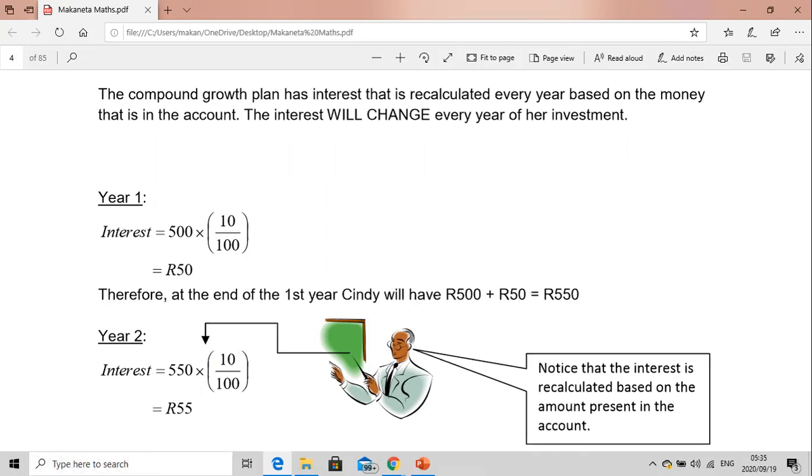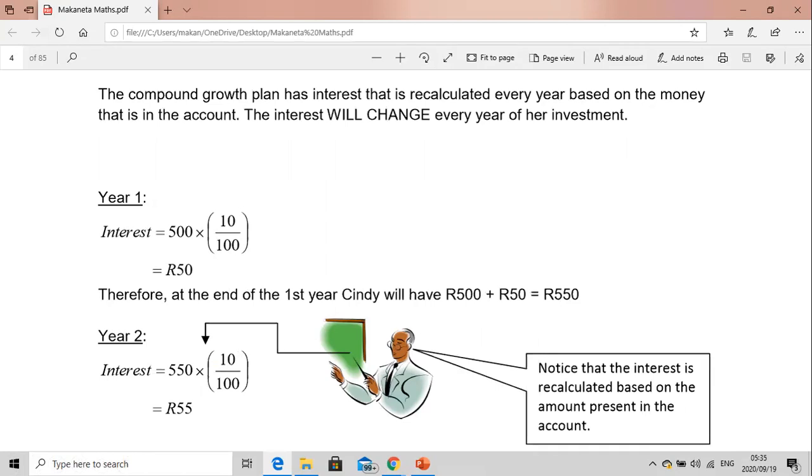In year 2, you will be calculating interest on interest when we talk about compound interest. So in this case, you'll start to see the difference between how the compound interest operates as opposed to the simple interest.